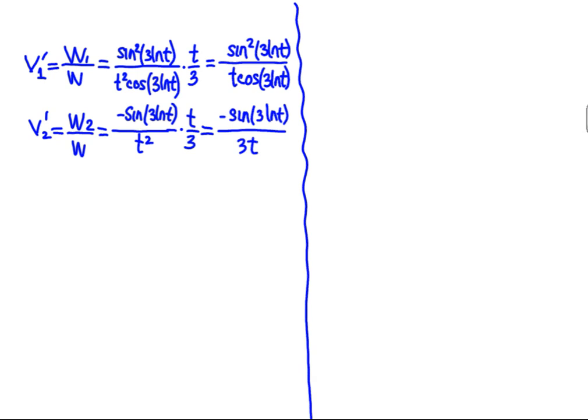We will integrate to get back to V1. So we have that integration, sine square 3ln t over t cosine of 3ln t dt.